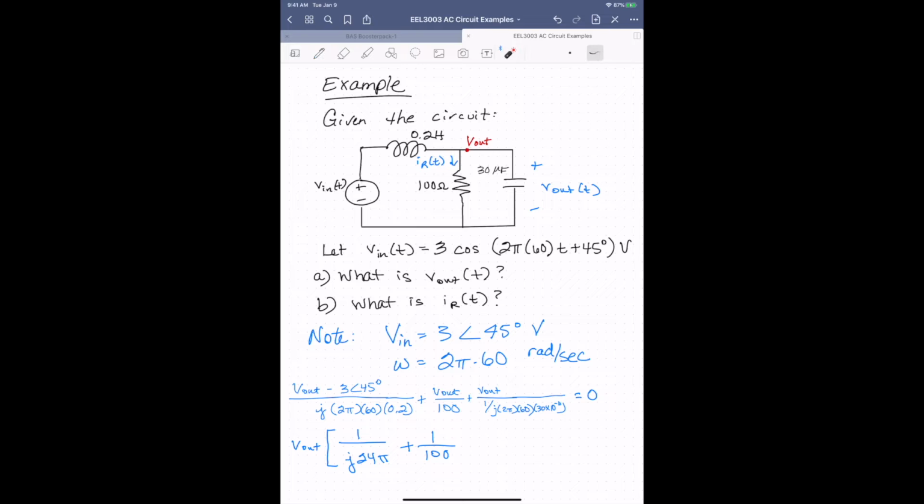And then the third term, we're going to flip this fraction, and we'll end up with something fairly messy. It'll be J times 3600 times 10 to the minus 6 times pi. And that will be equal to 3 at an angle of 45 degrees, which is the input voltage. We move it to the other side, and it's divided by, again, J times 24 pi.